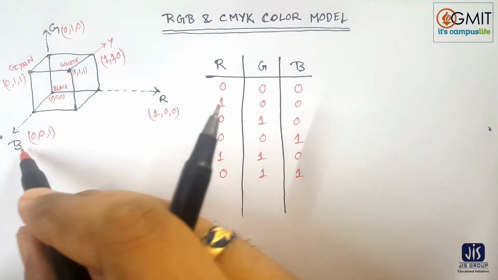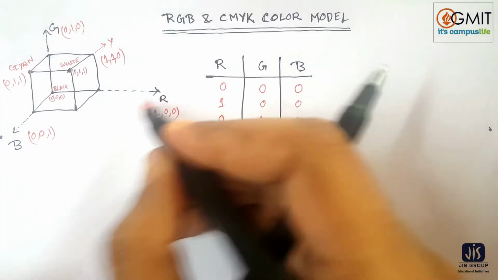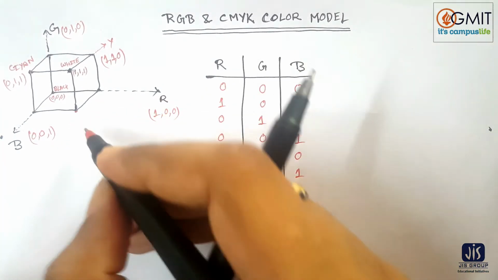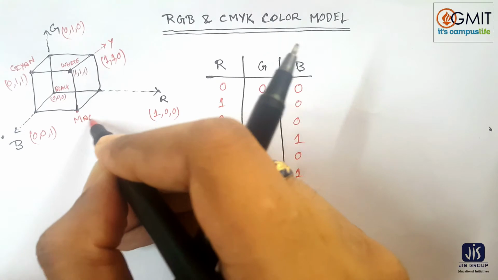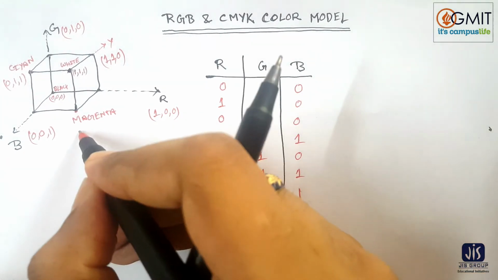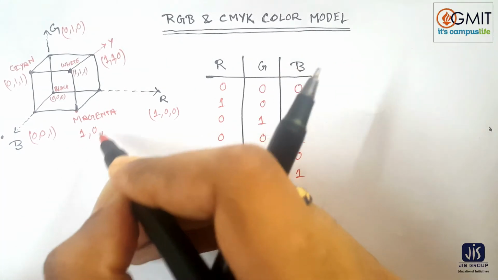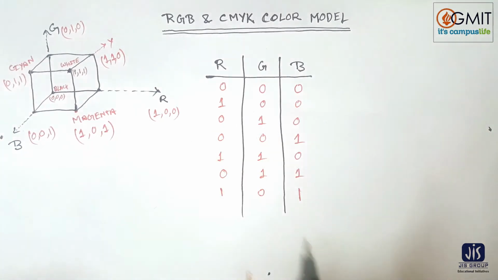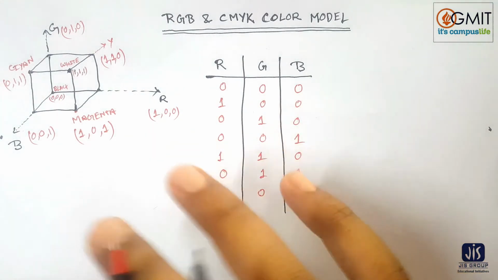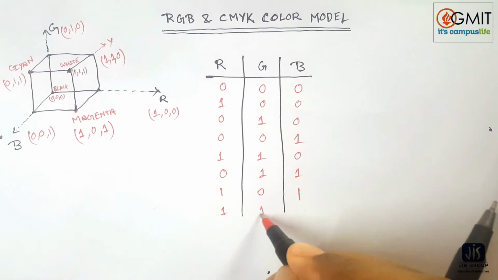And blue and red give us this point. This is called magenta. And the coordinate is 1, 0, 1. Right? So this is our total RGB color model, and obviously at last 1, 1, 1 is our white.